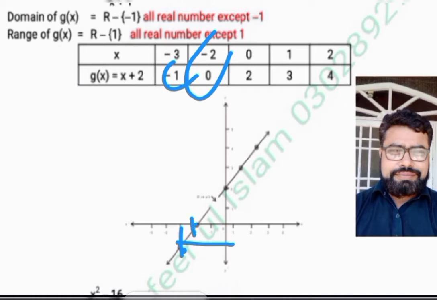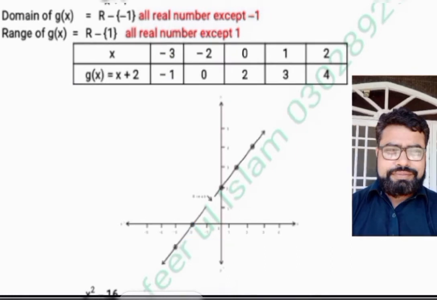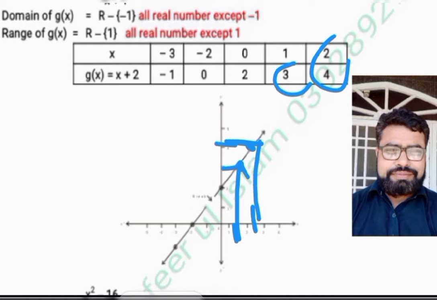At the x-axis there is -2 and 0 is here, so we have plotted the point here. At x is equal to 1, the value of y is 3, and here is 3, so we have plotted a point here. At x is equal to 2, the value of y is 4. So we have plotted a point here.